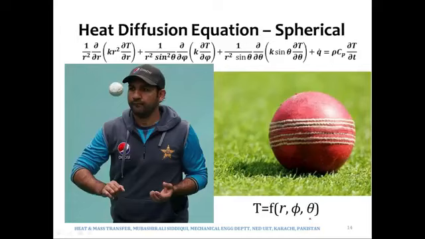Let me show you what those two angles are. If you move along the seam of this ball, of course it will draw an arc on the ball, and this arc will subtend an angle at the center of the ball. That angle is one angle, such as phi. Now the second angle, which is theta.